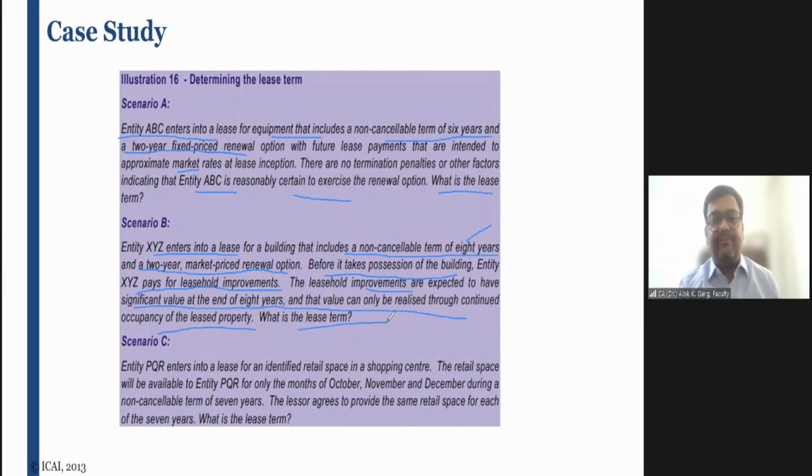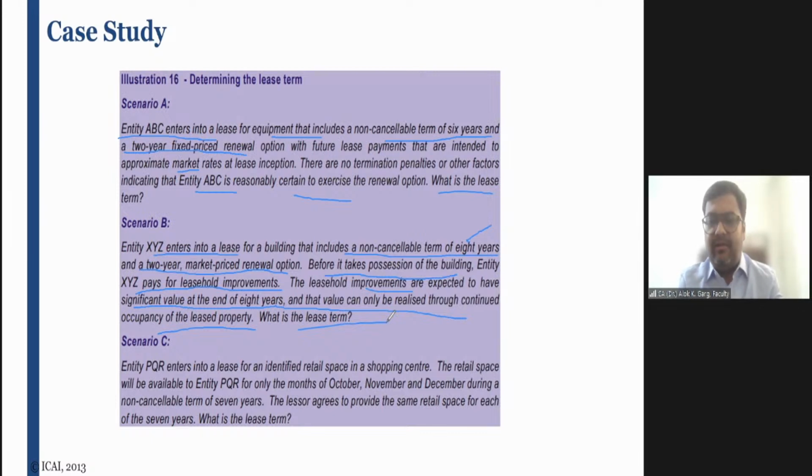Optional renewal period. Tell me whether this 2-year will be taken into the consideration or will not be taken into the consideration. As per concept, optional renewal period is taken into the consideration when there is a reasonable certainty that lessee will exercise that option. In this case, what do you think?